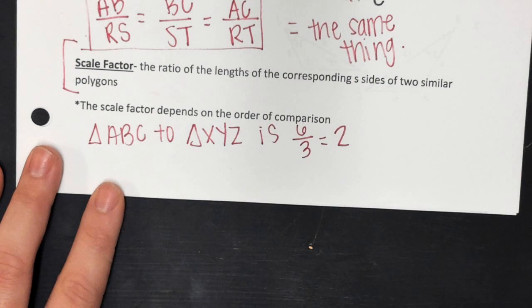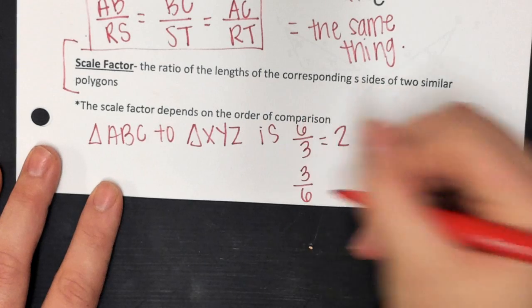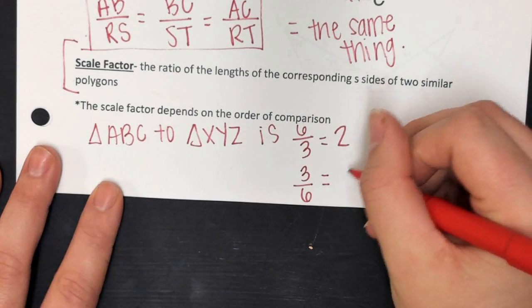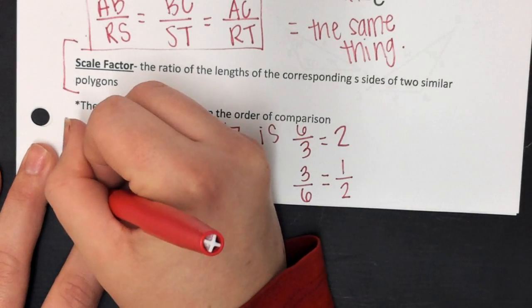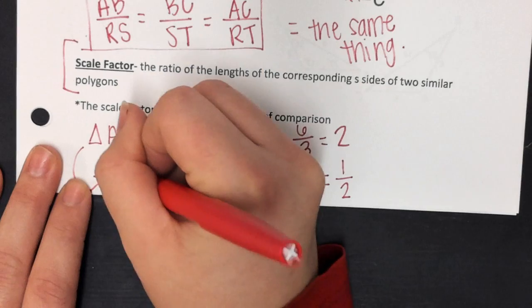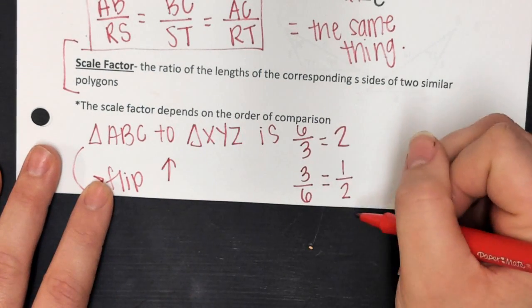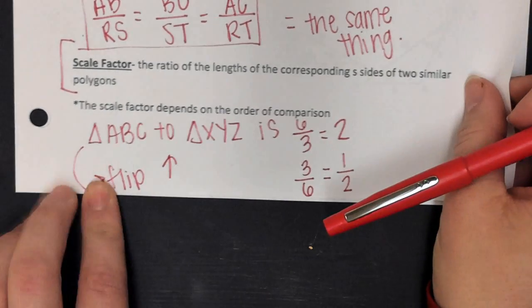I'm going to take the same two polygons and say I flip them. Well, then their scale factor is going to be 3 over 6, which reduces to 1 over 2. So the second scenario is just flipping these. But it's the same thing. So as long as it's consistent, it is a similar polygon.